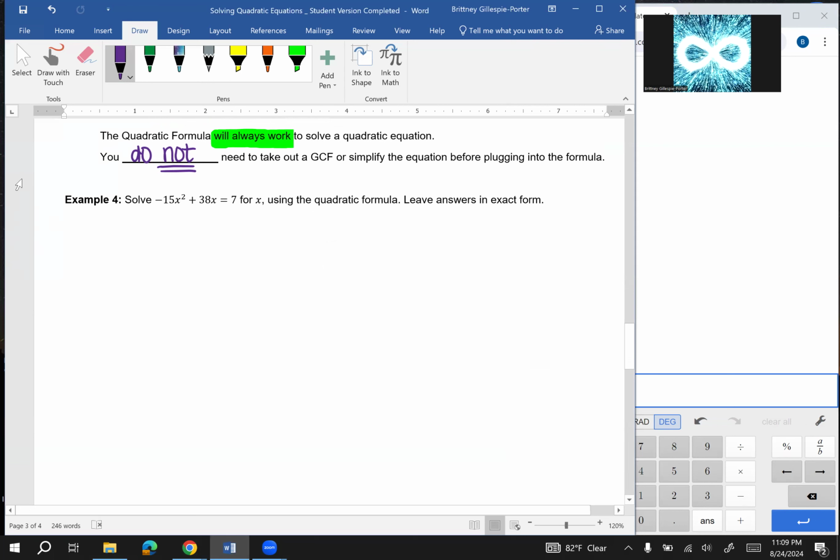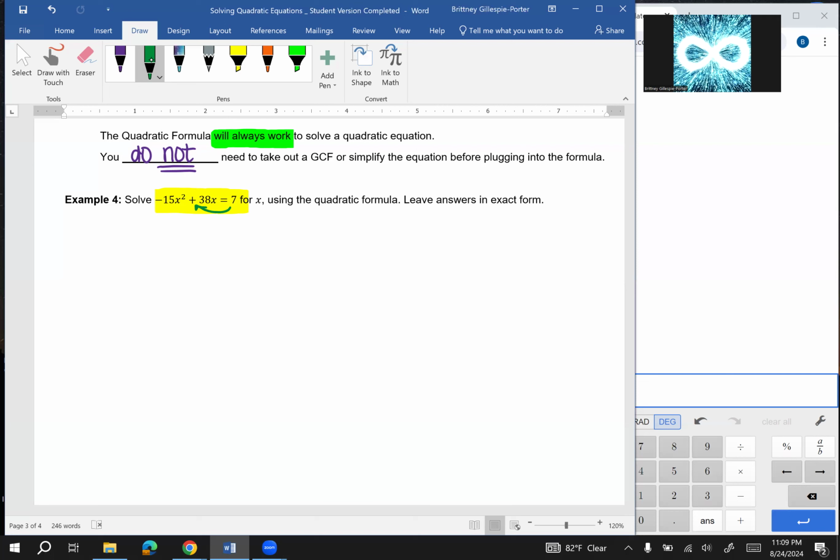Okay, so we have our equation, but notice that we cannot plug into the quadratic formula yet because we don't have one side equal to 0. The only way to solve a quadratic equation where you don't have a side set equal to 0 is the square root property when there's no middle term. So the first thing I'm going to do is move that 7 over.